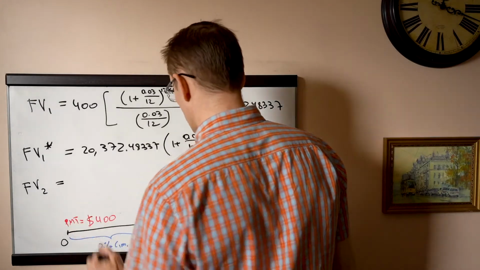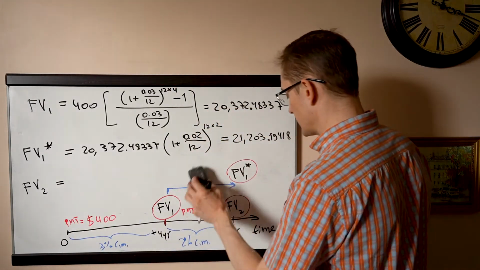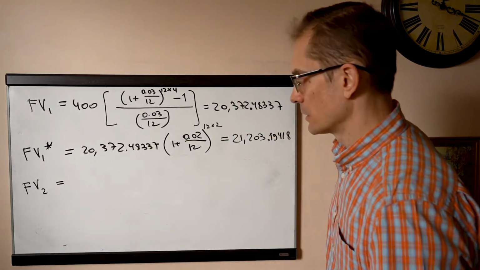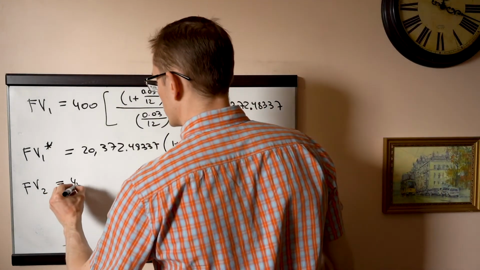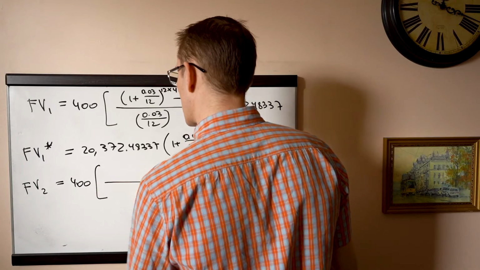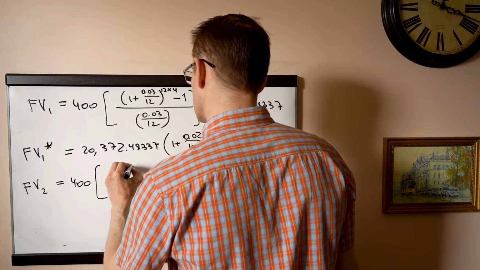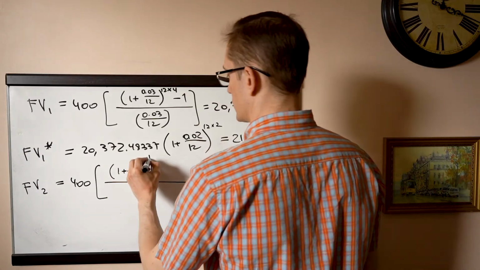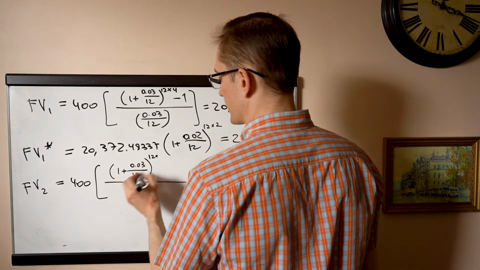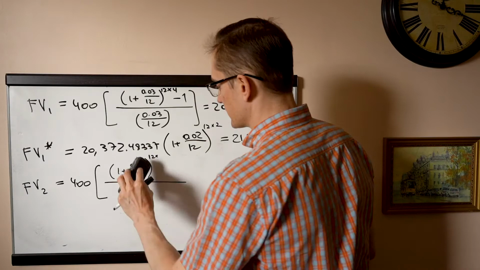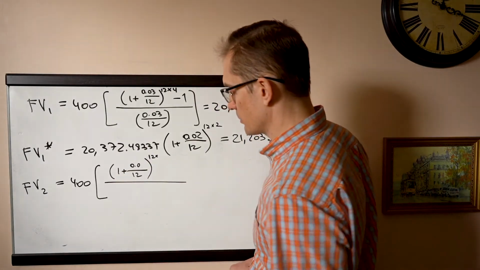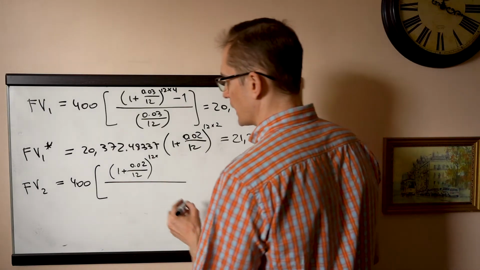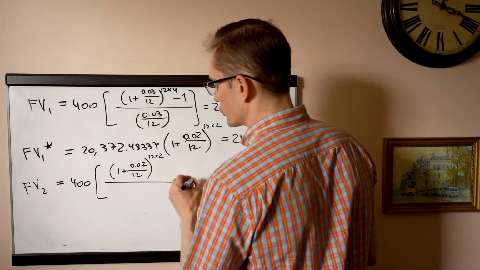Well, that will be. Now let me actually erase this. Already we know the information. So it's $400 times 12. So now the rate is 2%, right? So for the second part, the rate is 2% compounded monthly, and that is happening for 2 more years, right?